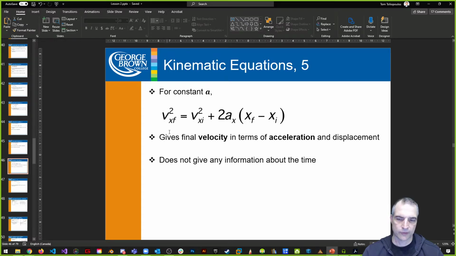So we can think that our squared final velocity is equal to squared initial velocity, plus 2 times acceleration on the x-axis times the displacement in position, x final minus x initial. This gives us the velocity in terms of acceleration and displacement, and notice that there's no time in here at all. Sometimes we don't have a time, but we do have the final velocity and the initial velocity.